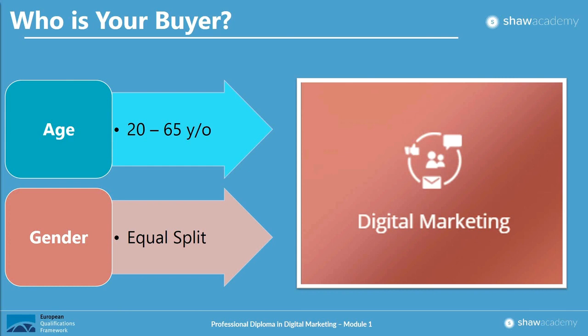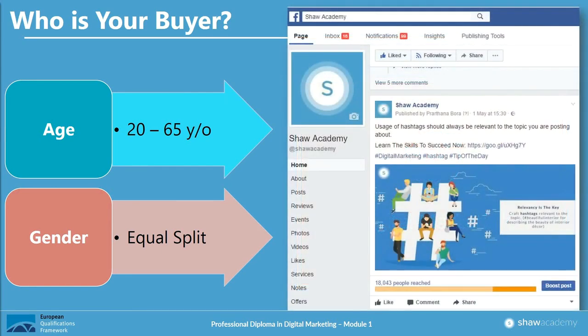And then you can use that data to not just guess, but to put plans in place. Here's an example of a post that we at Shaw Academy put out. It has been boosted, and you can see that it's got a link to the digital marketing course there and a couple of hashtags, and you can see how many people have seen it.